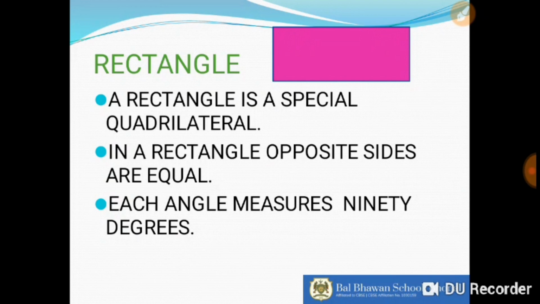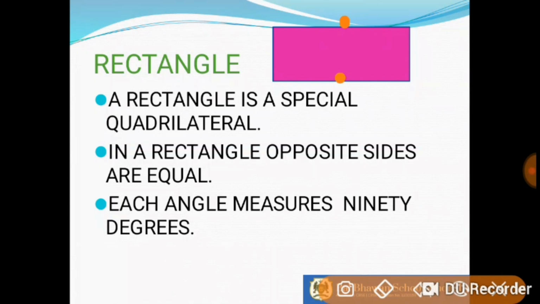So the first type of quadrilateral is a rectangle. Rectangle is a special quadrilateral because opposite sides of a rectangle are equal. So it has 2 pairs of opposite sides. These 2 pairs of opposite sides are equal.